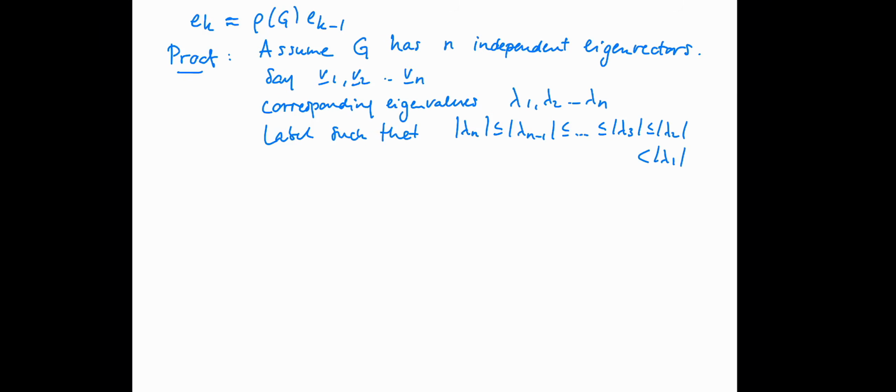This is like we have seen in the power method. I'm going to do something similar to what we have seen in the convergence of the power method. And this needs to be less than 1, because we assumed that the spectral radius is less than 1. Lambda 1 absolute value is now the spectral radius, so it needs to be less than 1. So let's write that down: the spectral radius of G is the absolute value of lambda 1, which is less than 1.